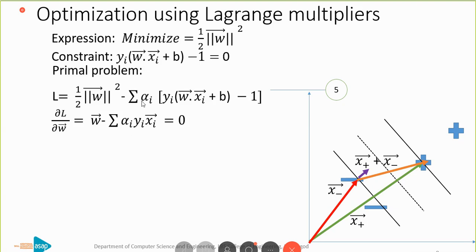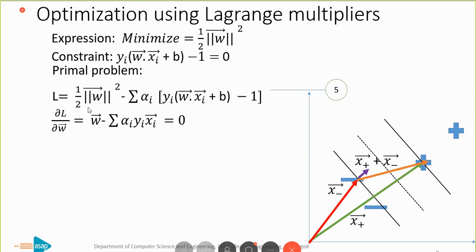Now look at this constraint. When you take the partial derivative with respect to W, you can see you have the term alpha i, there is a yi over here, and this term will become 1. So you have alpha i yi xi. What about the term alpha i yi b? They are all constants, so that will be 0, as there is no W term there. Then alpha i minus 1, that term is also 0.